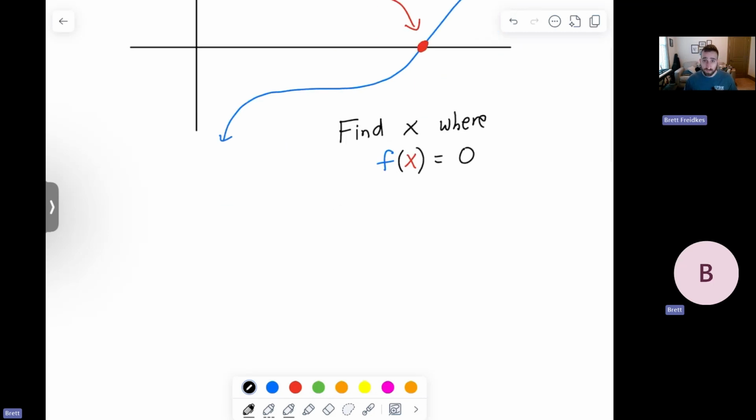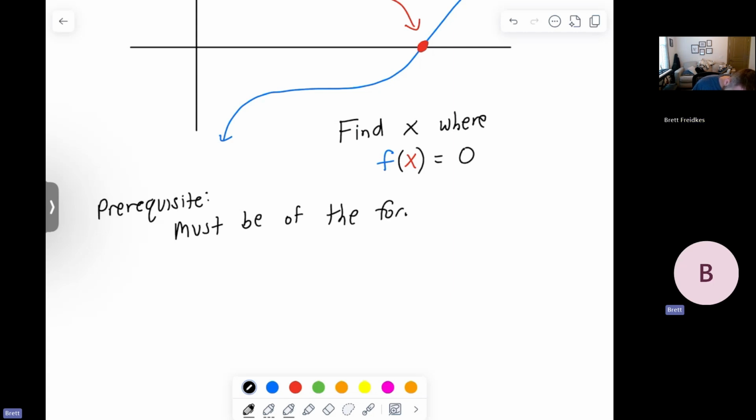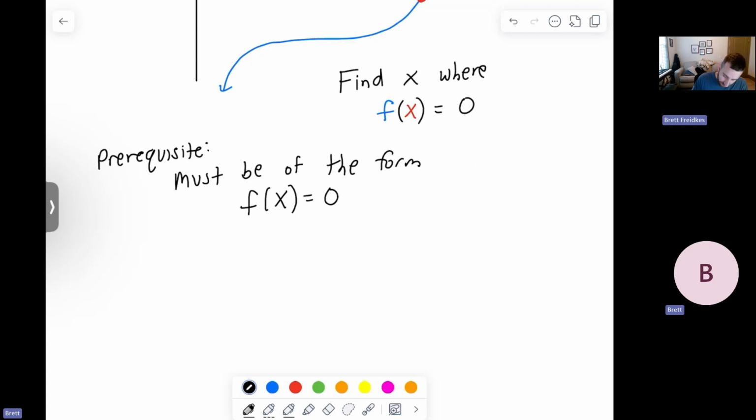And I guess just to start off, whenever we do any sort of root finding technique, the prerequisite is that we must be of the form f of x is equal to 0. So if I say something like x squared plus 6x minus the square root of x is equal to 4, and I tell you to find the x that makes that true, we can do a root finding technique on this.